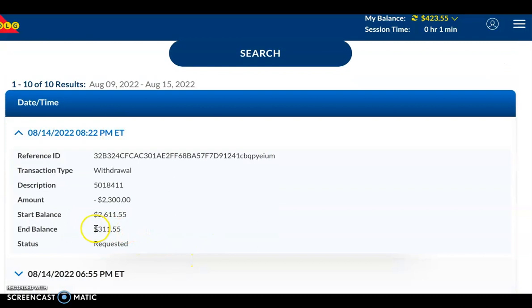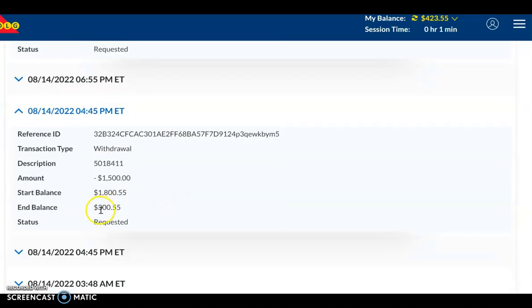Okay. I had 311. Actually, I'm going to go back before that. $300, as you can see, 8/14 at 4:45 p.m. I had a bankroll of 300. I turned that into 1,800. I took a $1,500 withdrawal. I made $1,500 in a matter of a couple of hours. Okay, going in and going out.